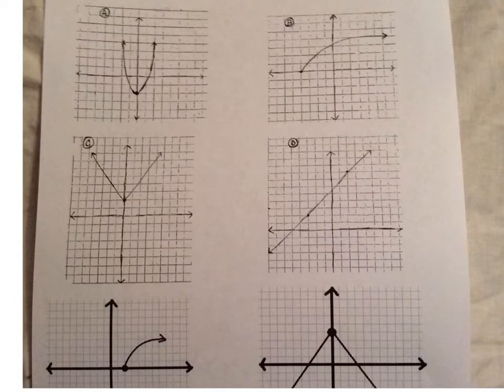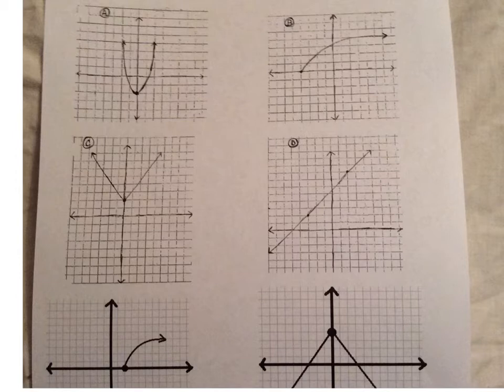Okay, now how do I determine the domain and range given a graph? Well, to find the domain of a function given a graph, we're going to look where the function occurs along the x-axis. To find the range, we're going to look where the function occurs along the y-axis.